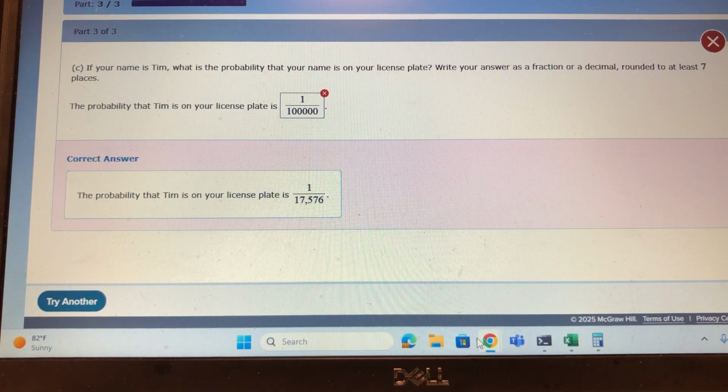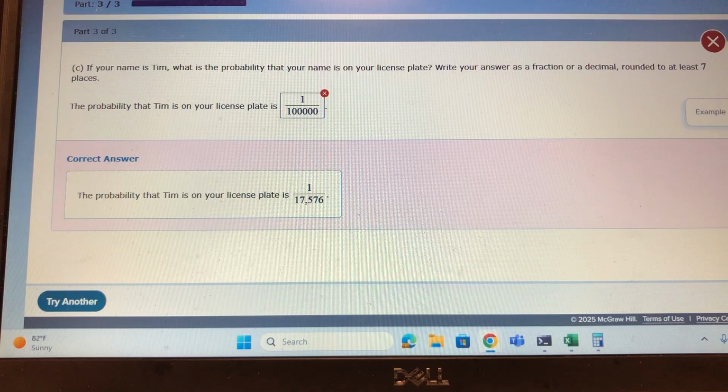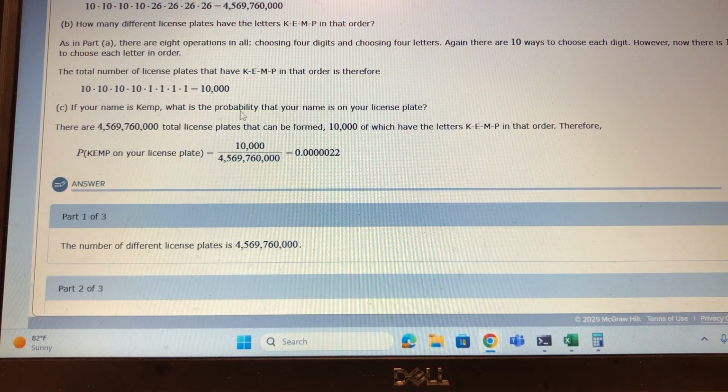Okay, so what would happen if your name is Tim? You would have to hope to get 1 out of 26 here. Yep, I'm stumped on this one too. Your name is Kemp.